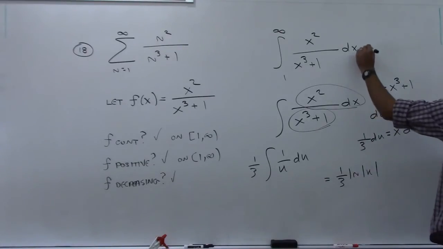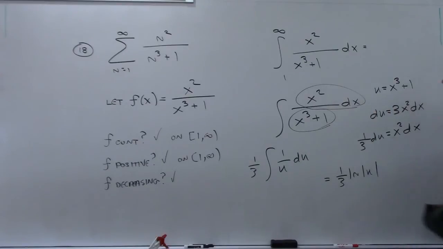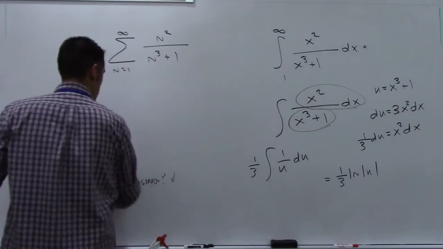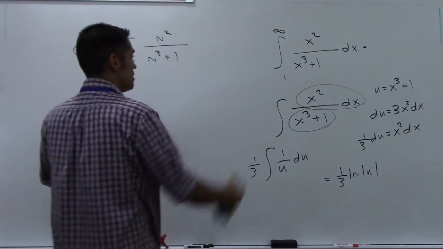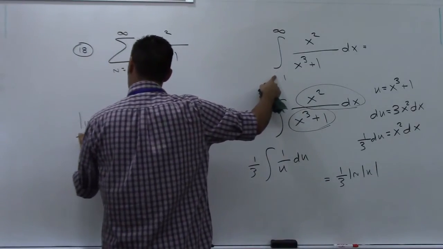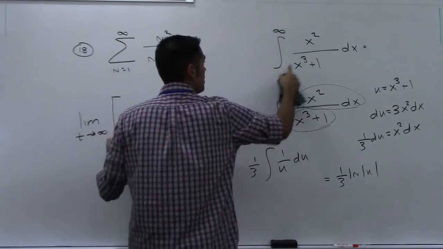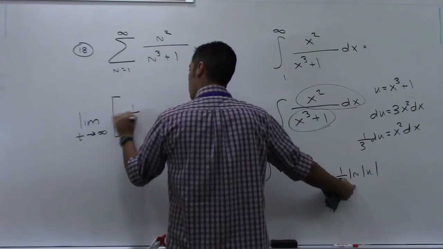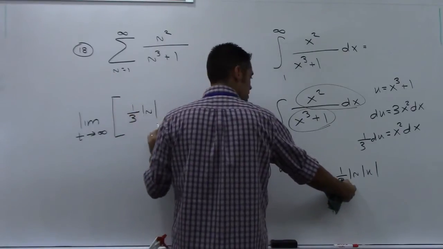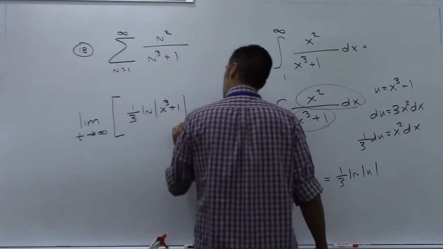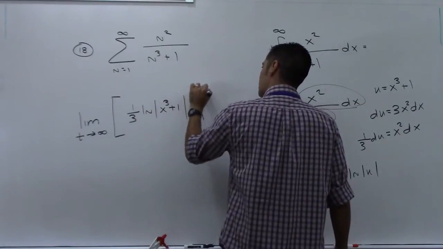So this becomes, I better do it over here, the limit as t goes to infinity, because I have that thing up here. The antiderivative of this is 1/3 natural log, but what was u? u was x cubed plus 1, evaluated from 1 to t.